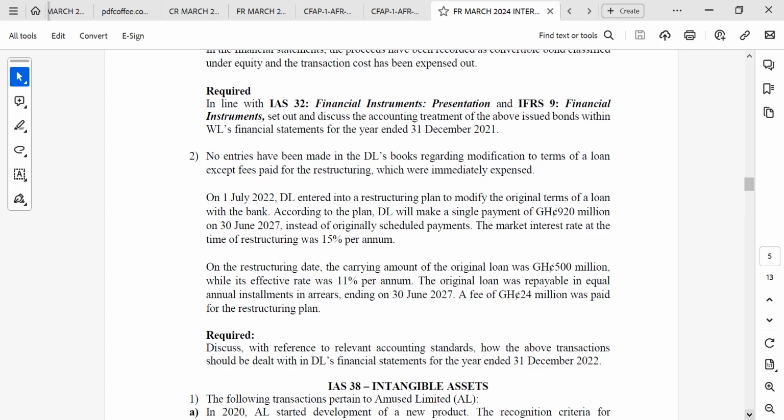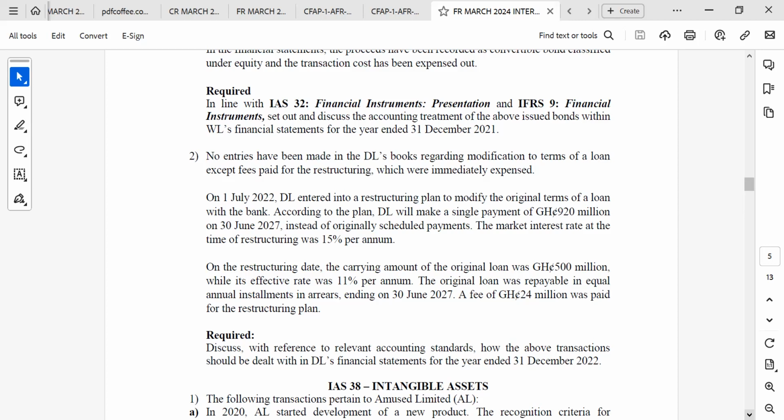All right. This is what we call a loan restructuring, where a company may be having a problem with the terms and conditions attached to the loan that we have right now. We would like to restructure our loan payments.